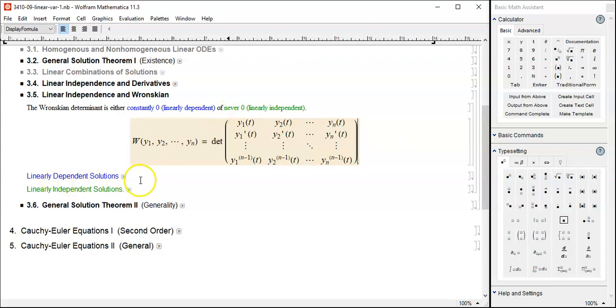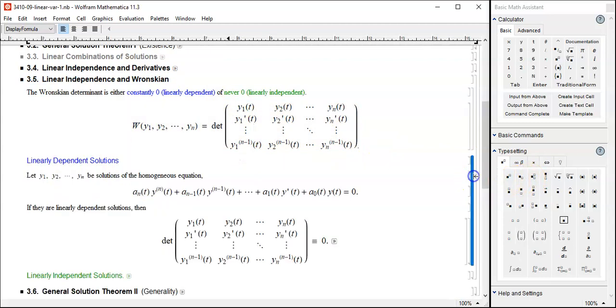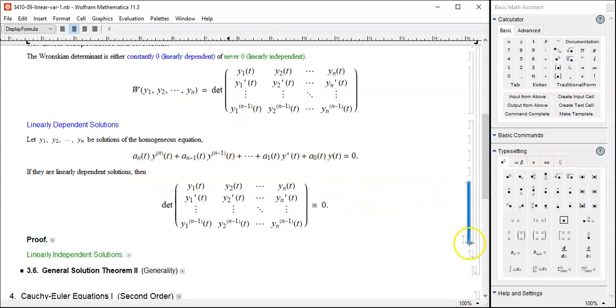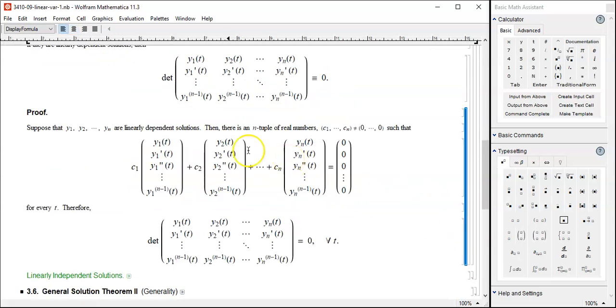So when we have linearly dependent solutions, then the determinant has to be constantly equal to 0, because you see here, you're dealing with functions. So the 0 vector there is actually a 0 function. So constantly 0, yes, for all t, so constantly equal to 0. The proof is just that observation, nothing more than that.